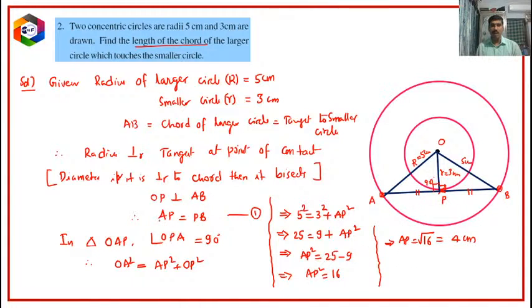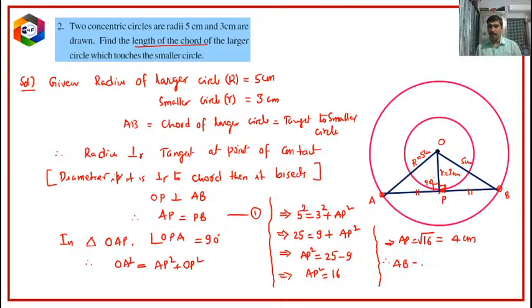So AP value is 4, and we already know that a diameter, if it is perpendicular to the chord, then it bisects. That means since it is the radius, it is a part of the diameter, and the radius is perpendicular to this tangent, therefore these two parts' lengths are equal. But we know this part, the AP part, and we want the total AB length.